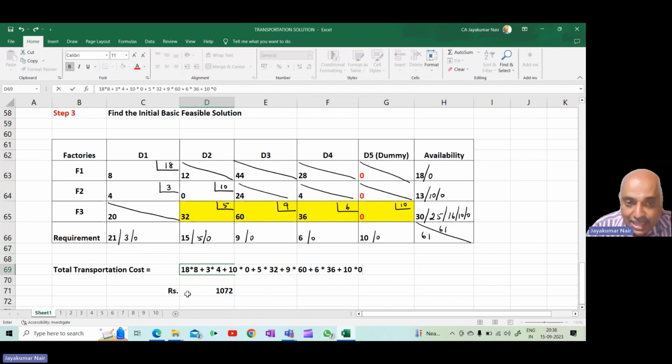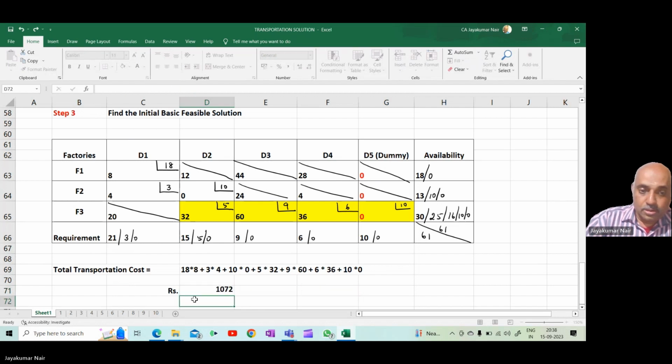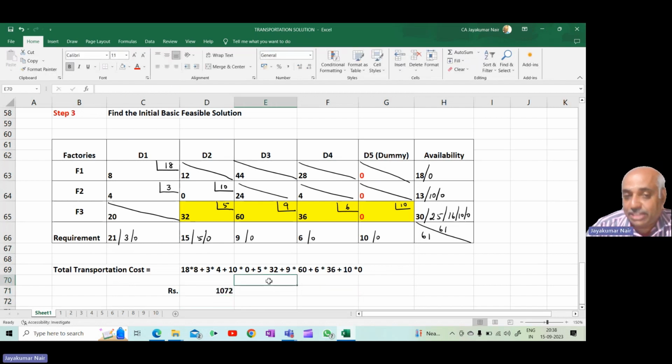So I repeat: 18 into 8, 3 into 4, 10 into 0, 5 into 32, 9 into 60, 6 into 36, 10 into 0. So how do you find this value? It is 1072.